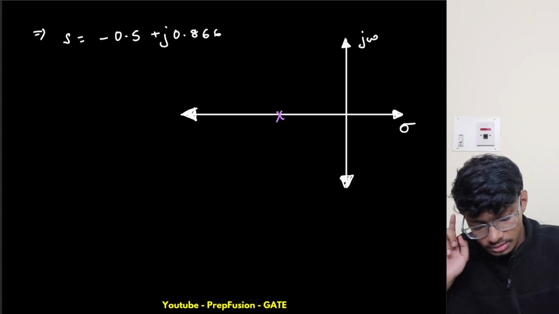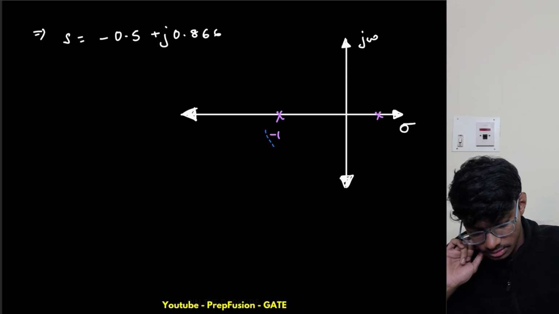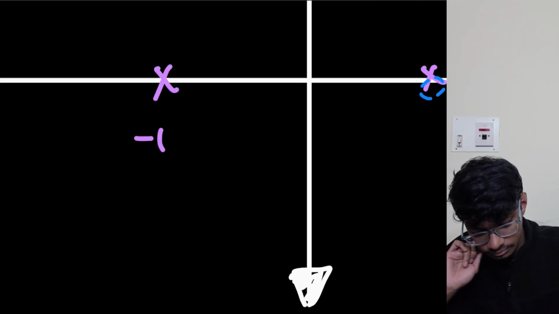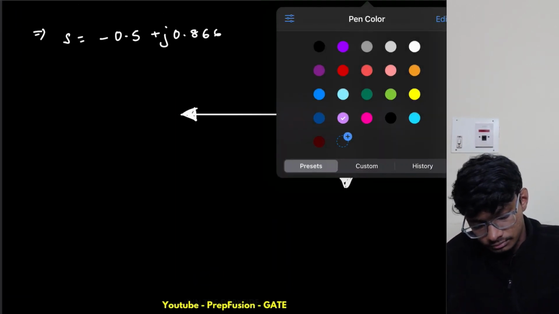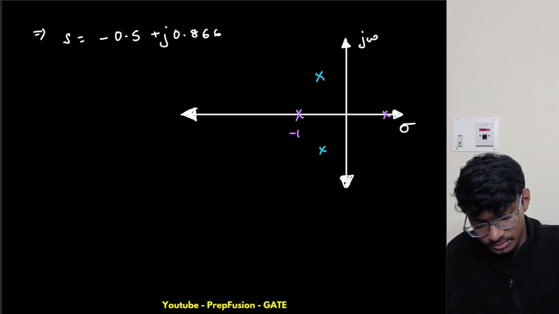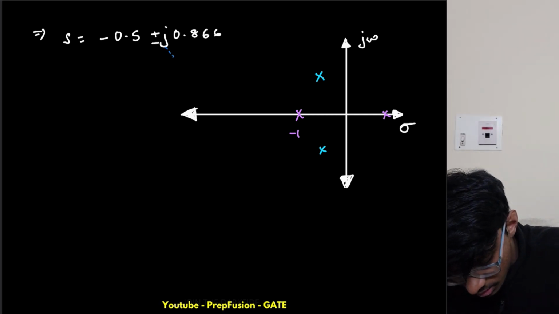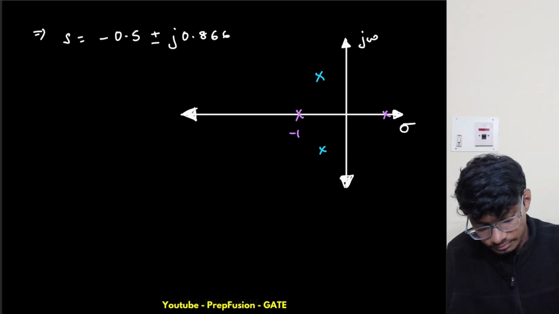One was at minus 1, one was at plus 1. Now where are my other poles? Other poles lie around here. The real part is at minus half, plus minus j root 3 by 2. So yes, the other roots lie around here.